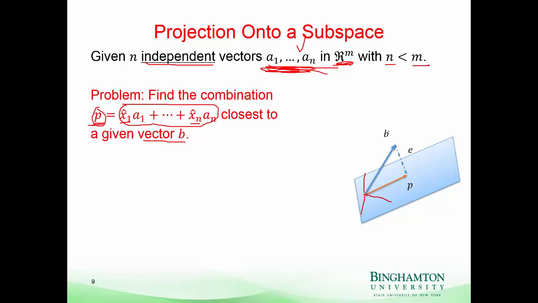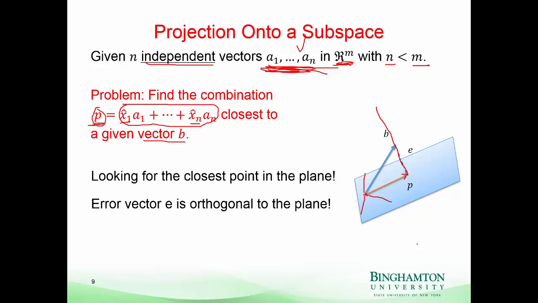So the vectors A1 through AN span the space that's being evoked by this blue rectangle. And we're looking for the closest point in the plane. That's this vector P. Shine the light vertically, or perpendicularly rather, to the blue plane, and the shadow is right there, the closest point.